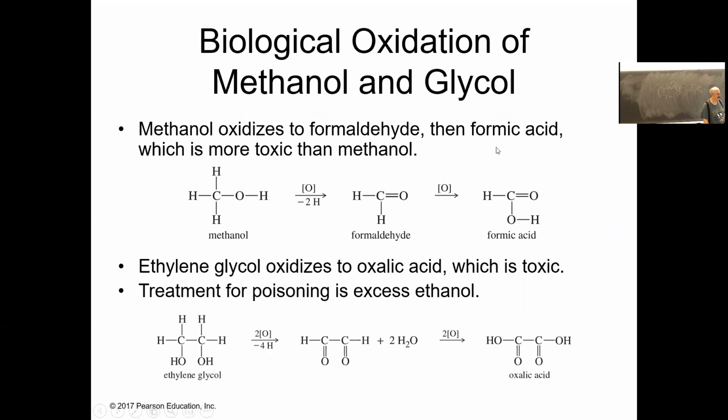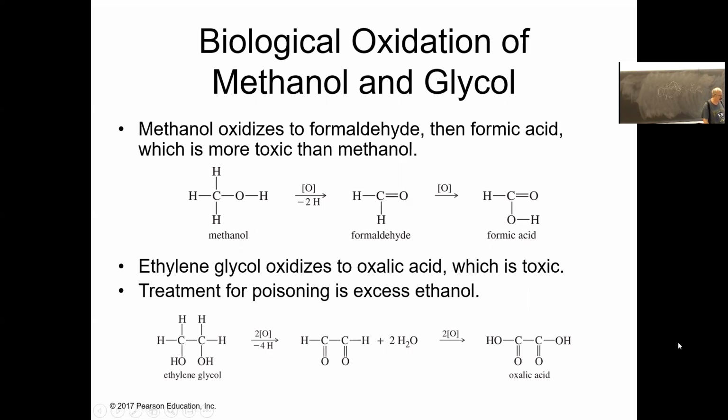Both formaldehyde and formic acid are more toxic than methanol. Formic acid is about 10 times more acidic than acetic acid. It's very corrosive, very irritating. We'll talk about that next semester, but formic acid is what causes fire ant burns and bee stings to be so painful.